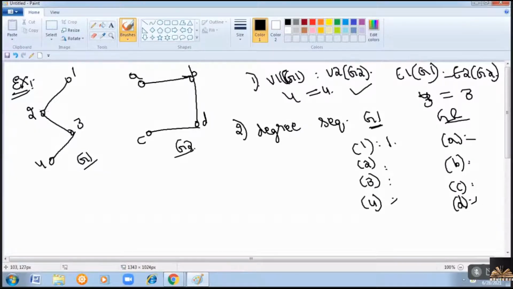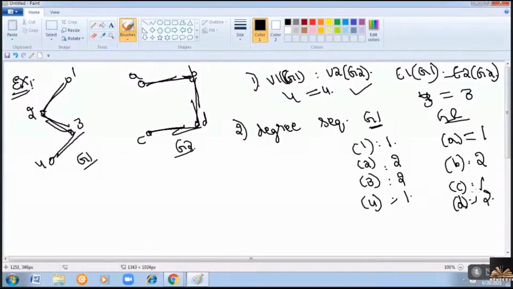The number of edges incident with vertex 2 is 2. With 3, the same, 2. With 4, 1. Coming to the second graph, the number of edges incident with A is 1. With B, 2. With C, 1. With D, 2.